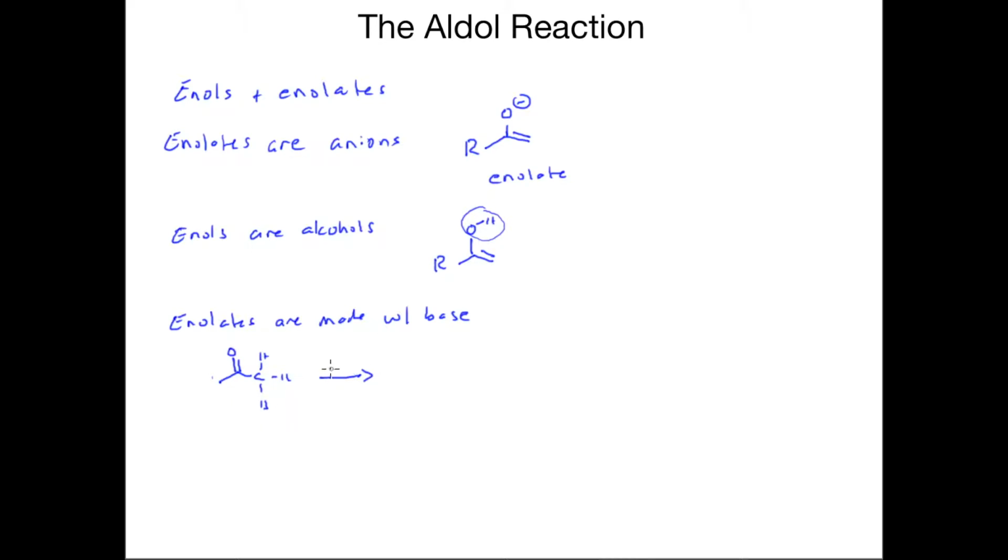I'm going to have this B minus take away the proton attached to the alpha carbon, and then I'm going to show the resonance structure that would ensue. What you see is that you have an enolate. I don't have a hydrogen attached to that. I have a negative charge on the oxygen that's there. So I have a negative charge plus the base that has the proton. So here's my enolate.